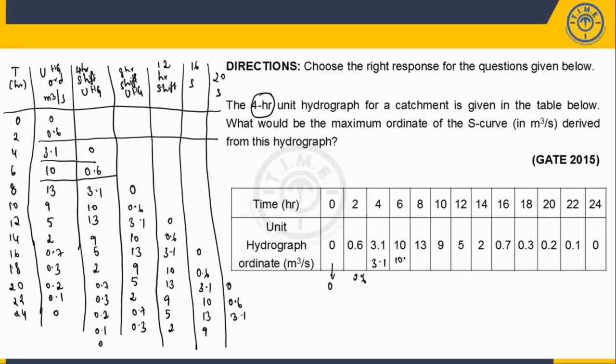Next? 16.1. Next? 19.6. Next? 21.1, that is 18 plus 3.1. Next? 2 plus 9, 11, 21.6. What is the next summation, my dear?